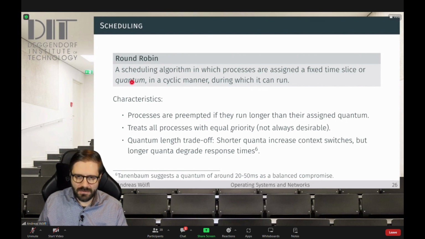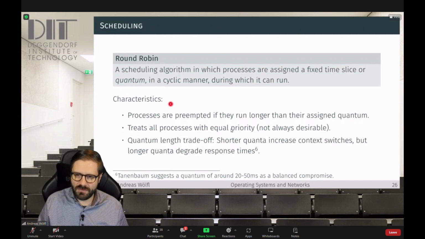And the quantum is fixed. So every process has a fixed quantum. And if the quantum is over, then the process is interrupted. We say the process is preempted. And then the CPU is assigned to the next process. Priority does not play a role.